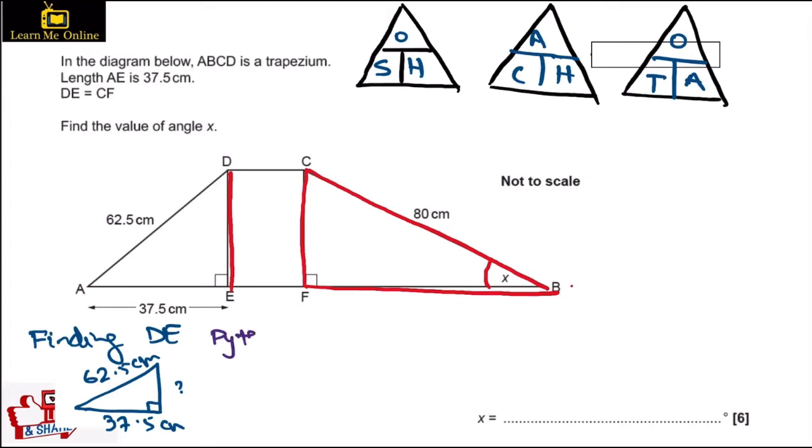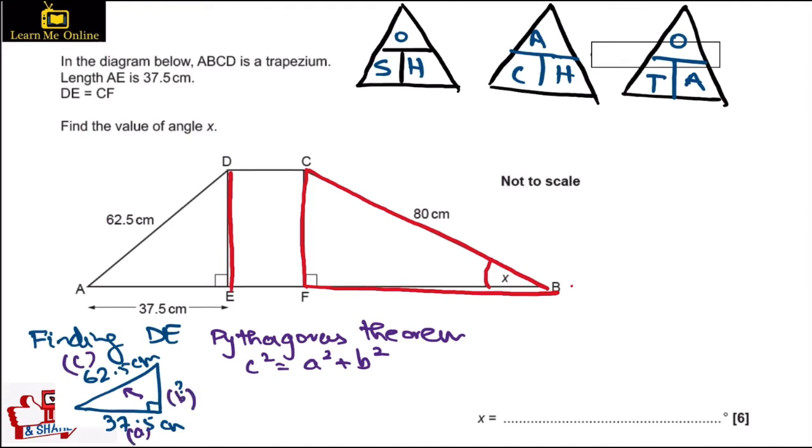Pythagoras theorem is c square equals a square plus b square. C is the hypotenuse. So this is C, where A and B are the two sides of the right angle triangle. You can take any A or any B. So we'll be having now 62.5 square equals A is 37.5 square and B we are looking for.